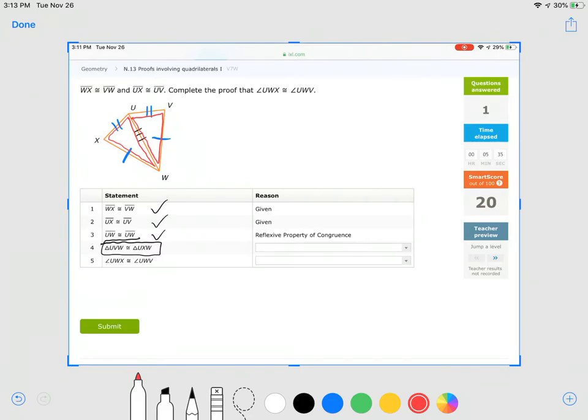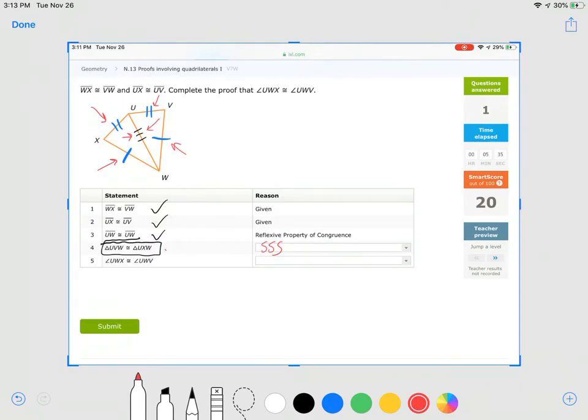Okay, so we have to use one of our triangle congruence theorems, like the shortcuts, side, side, side, angle, side, angle, side, angle. In this case, we know that this side, and this side of this triangle are congruent to this side, and this side of this other triangle. So this is by side, side, side, the two triangles are congruent.